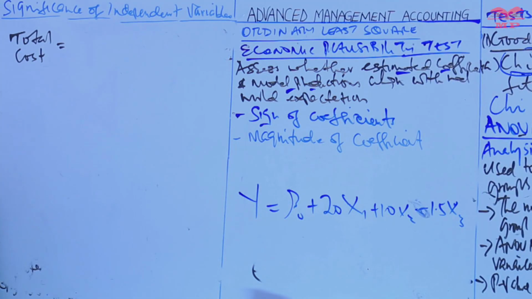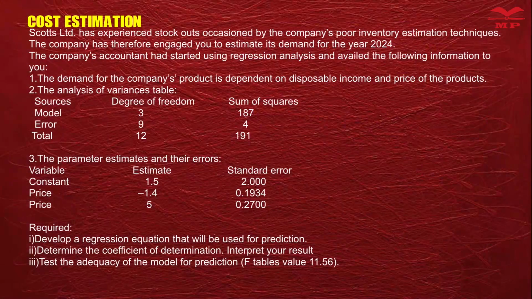Now, considering doing an illustration in the remaining time, December 2023, question 2B. Scores Limited has experienced stockouts occasioned by the company's poor inventory estimation techniques.